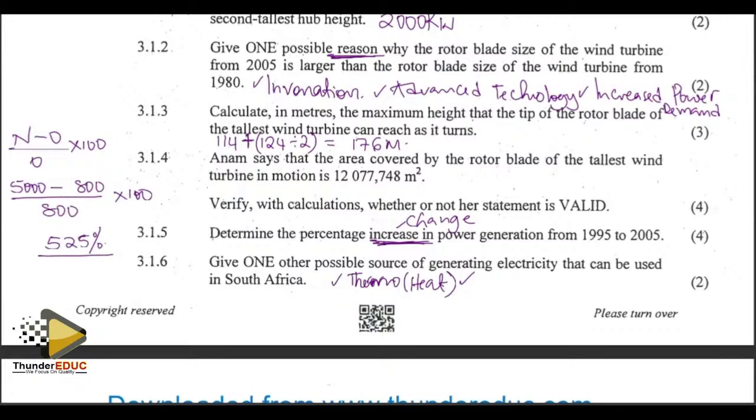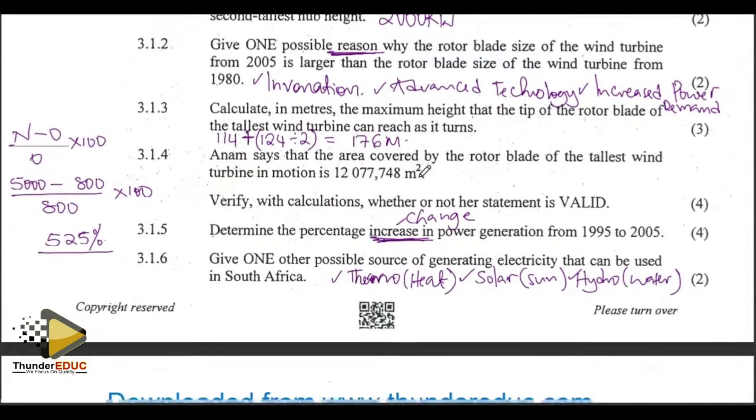Here in South Africa, we can use solar, another source of electricity. This comes from the sun. We can use water, which is called hydro. This one comes from water, but from the waterfalls. You understand? Other sources of electricity apart from wind. Wind and solar, these are renewable.